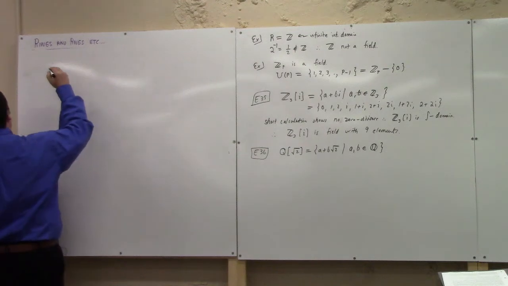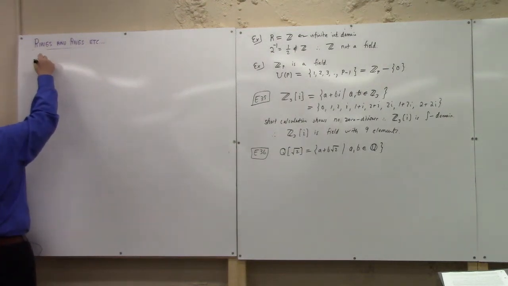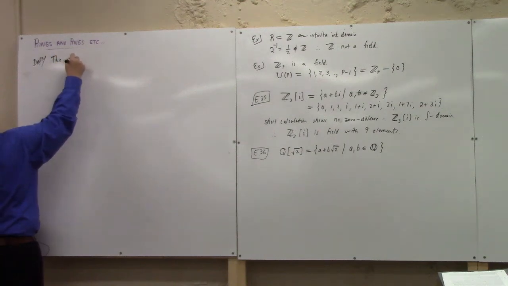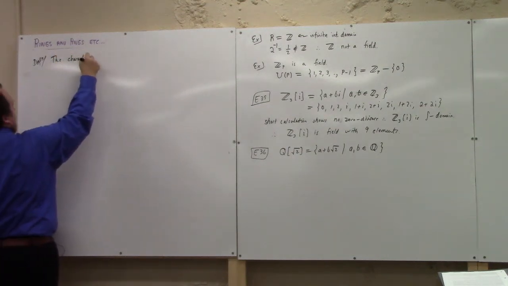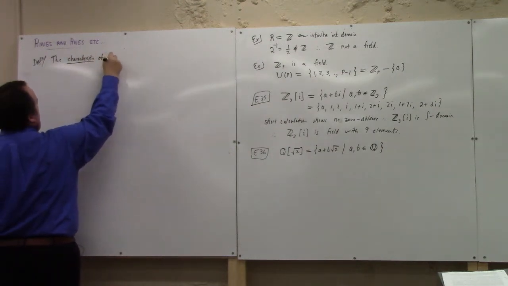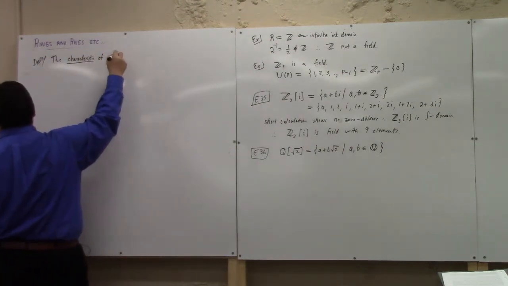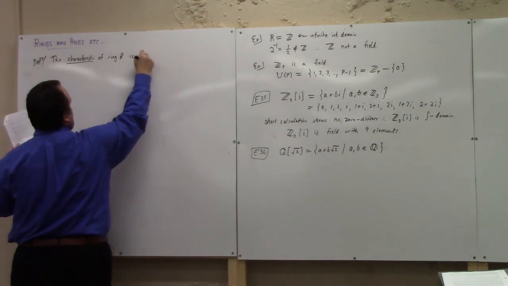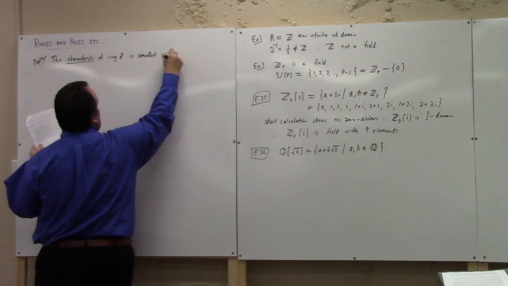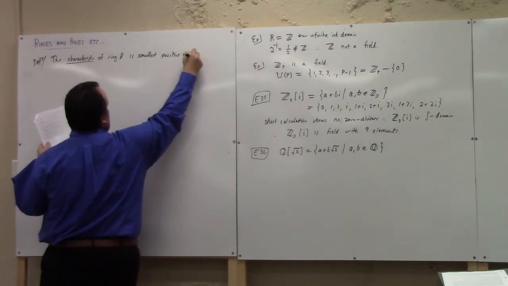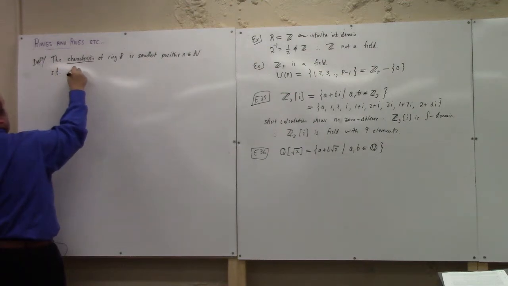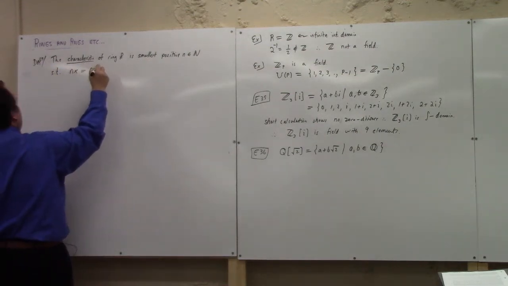So, definition: the characteristic of a ring R is the smallest positive n such that nx equals 0 for all x in R.